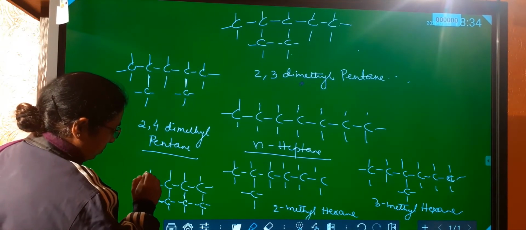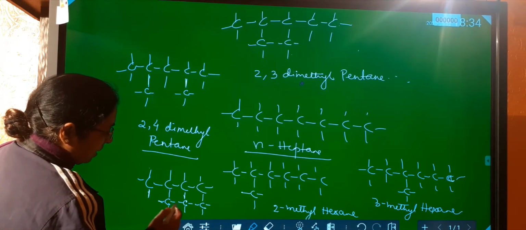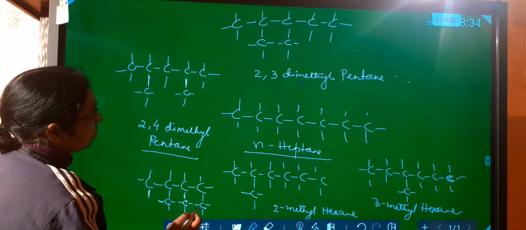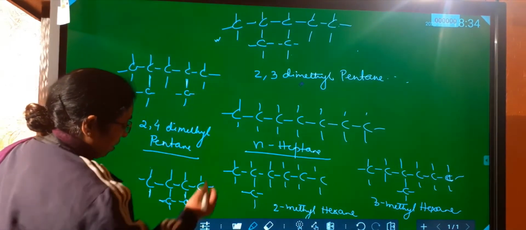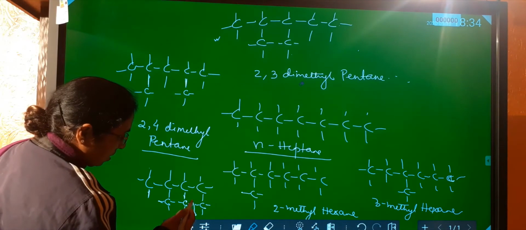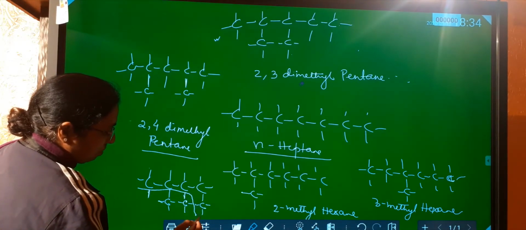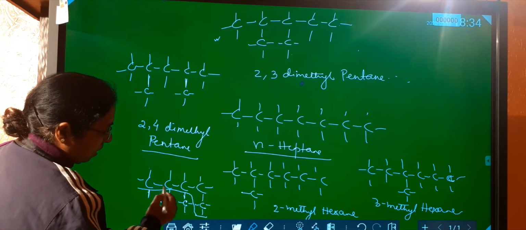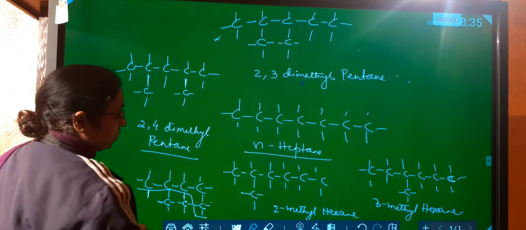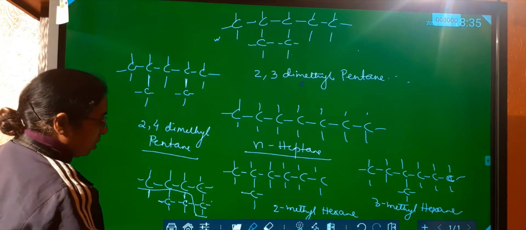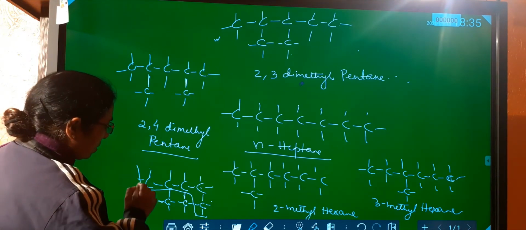See, as you can see, this compound is the same as this compound, because the chain over here will become a pentane, 1, 2, 3, 4, 5. So this compound and this compound become the same compound. So I cannot make more than this. So this is now cancelled.